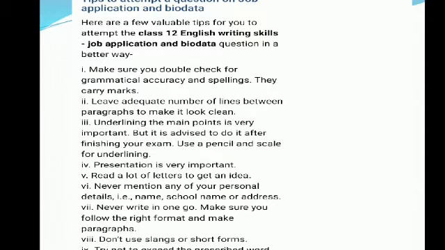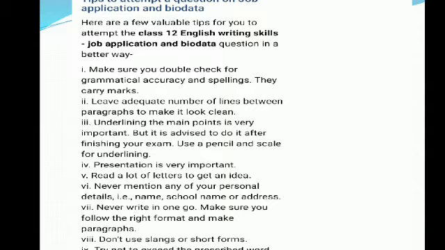So after completing all the questions, after covering the question paper, in the last 10 minutes or last 5 minutes in the examination, with the help of a pencil and scale, we have to underline the very important points. So this will bring more impact in the answer sheet.